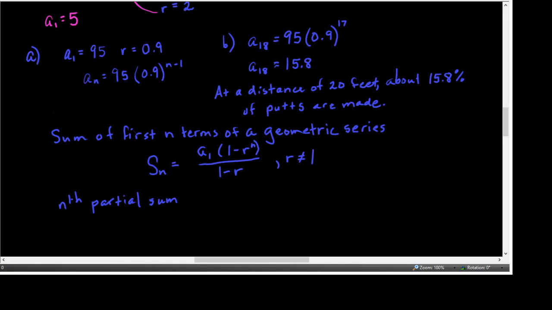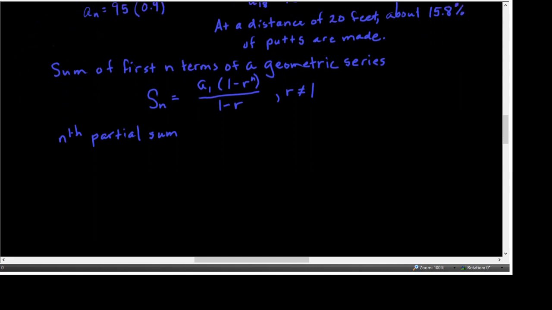So another question from the beginning of this was, if you start with 1 cent for a first day of work and 2 cents for the second day of work and keep doubling for each subsequent day of working, one of the questions we could ask is, how much will you have earned altogether if you work 20 days? So in that sequence, I'll remind you that the first term was 1 cent and our multiplier was 2, so r is 2.